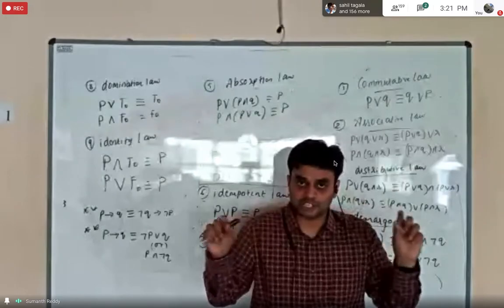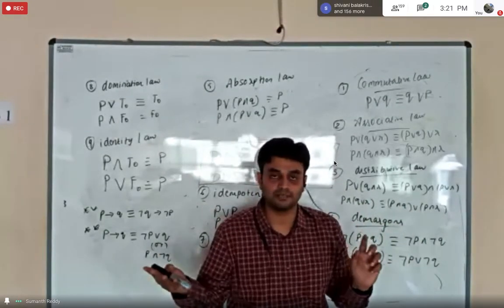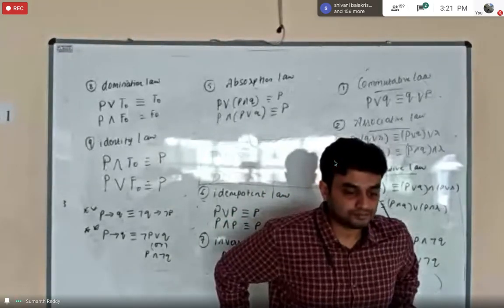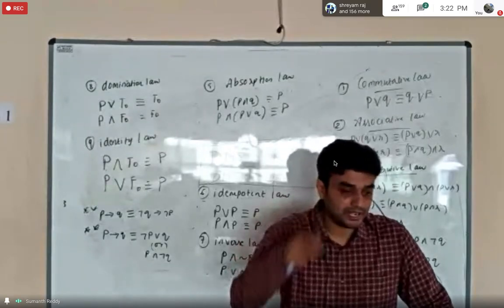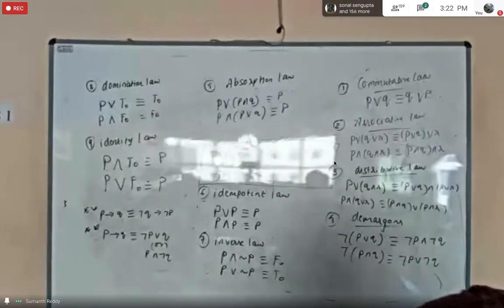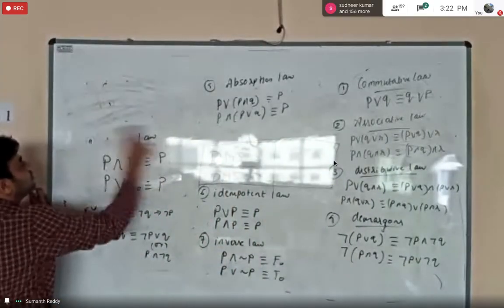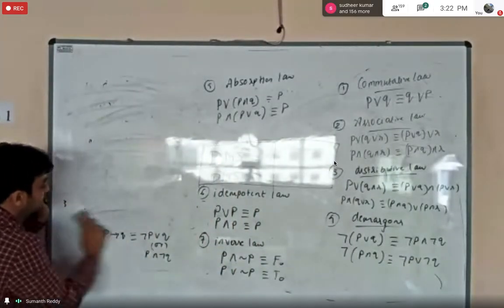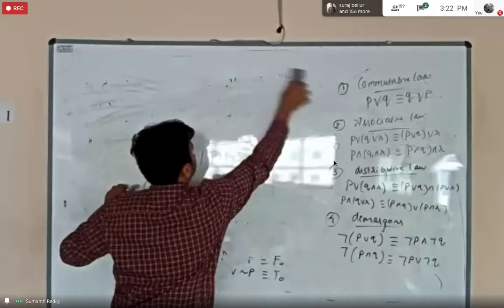If all the propositions are different and the symbols are also different, go with the distributive law. When we solve the problems, you'll get to know. From now onwards, I will ask you only what law I have to apply.